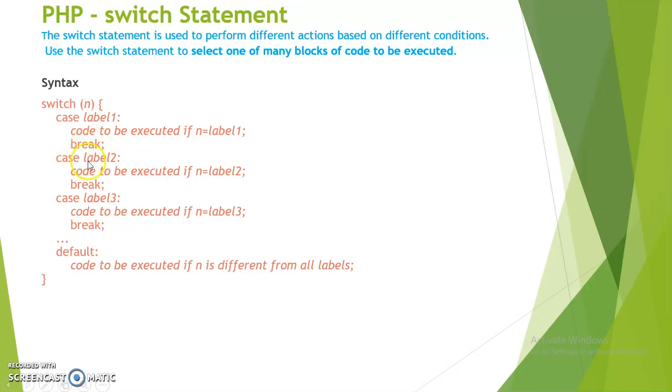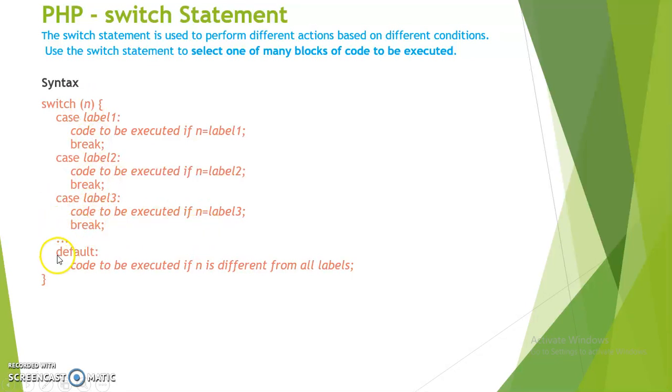Then case level 2: if n is equal to level 2, then it will execute this code right here. And in case 3, if this is equal to this, it will execute this particular one and break.